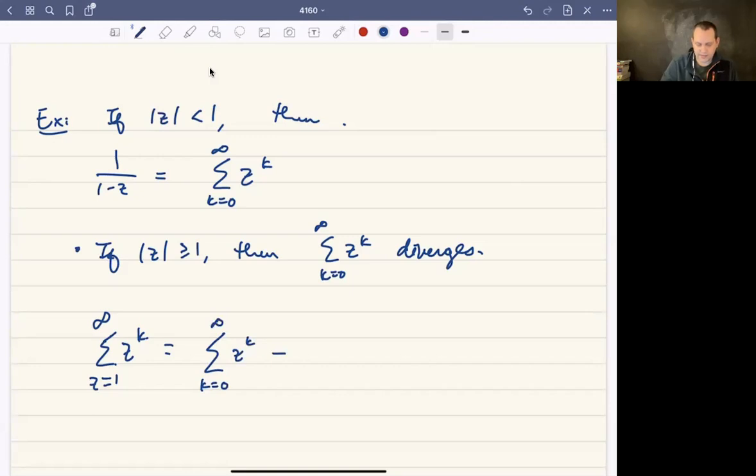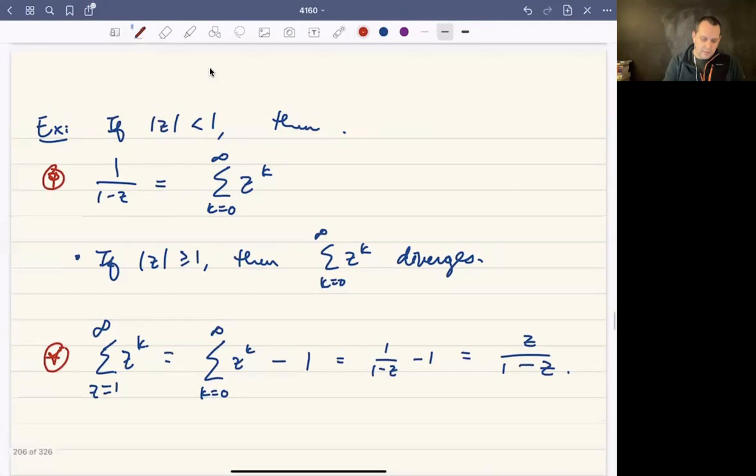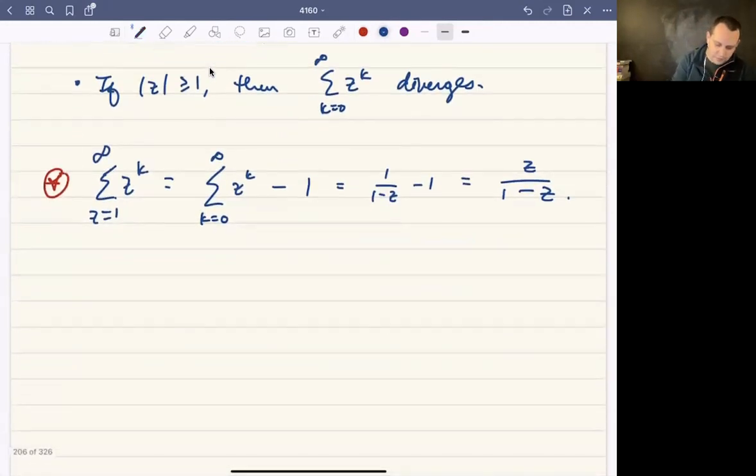So minus z to the 0, which is 1. So this is going to end up being 1 over 1 minus z minus 1, which happens to be z over 1 minus z. Okay, so the book really likes this version. I think it's just nicer and cleaner to think about the sum starting at 0, and then everything else falls out right away. Okay, so that's geometric series in a nutshell.